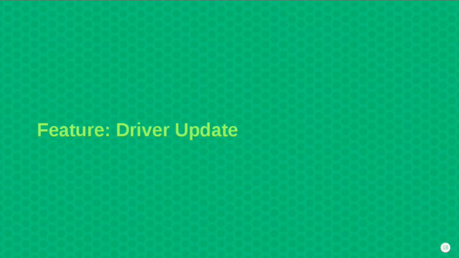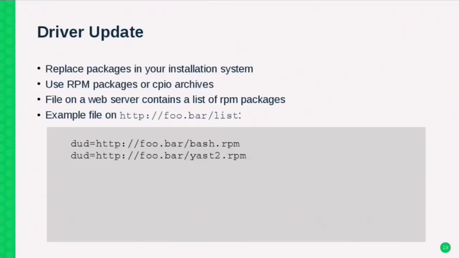So, and now for the driver update. That's maybe the solution to your question. You want to change things in the installation system, adding different theming. So you want to add some packages to that installation system. How does that work? You need the package you want to have added to your installation system, meaning the tweaked configuration for the UI. Have that packaged as an RPM, upload it to a web server.